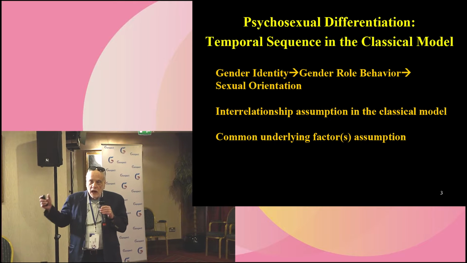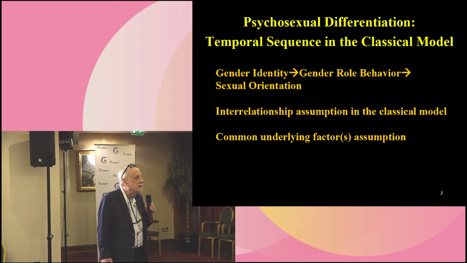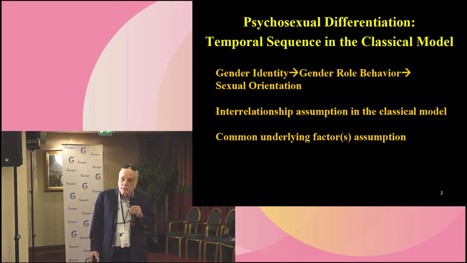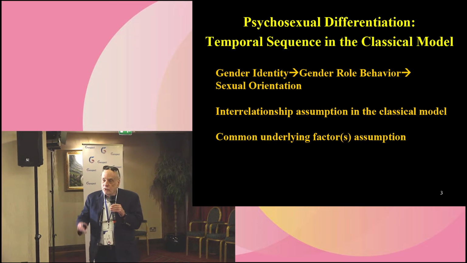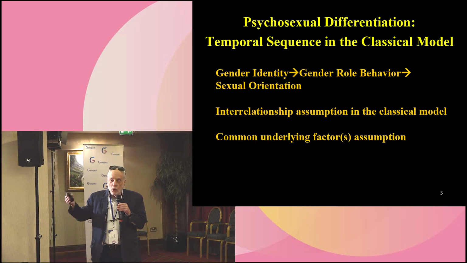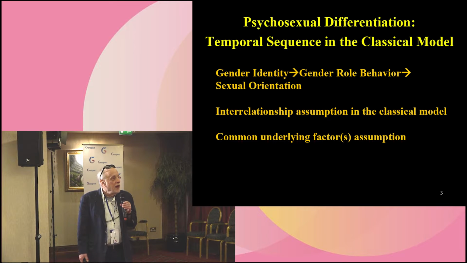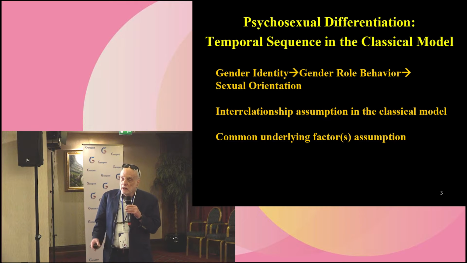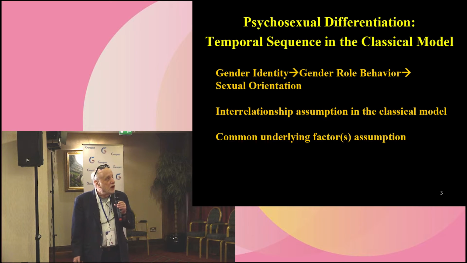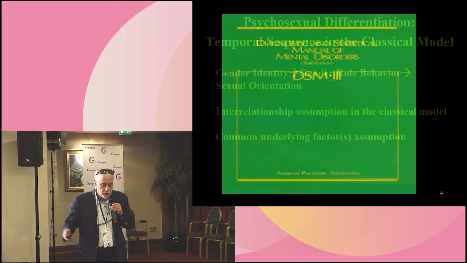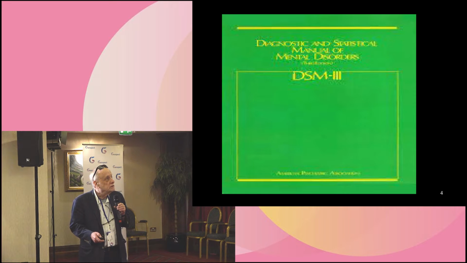Now, in the classical model, there is an interrelationship assumption, meaning that if there is a shift in one parameter, the odds are going to increase that there'll be a shift in another parameter. And theoretically, then, the idea is that in terms of causal mechanisms, there may be common underlying factors that are related to all three.